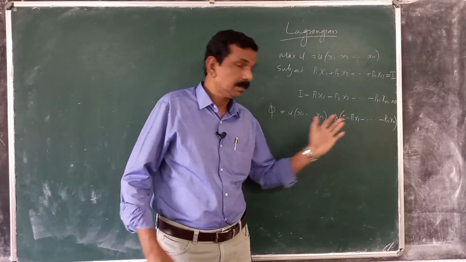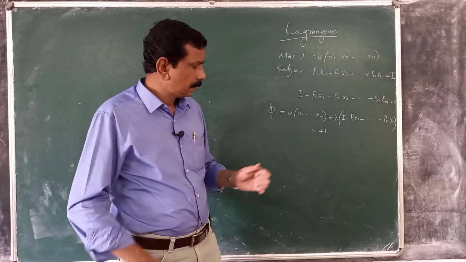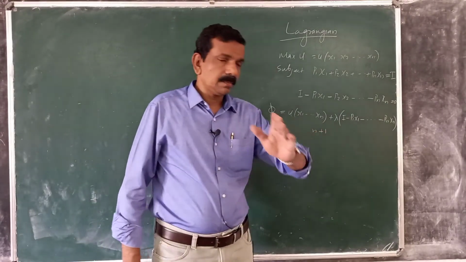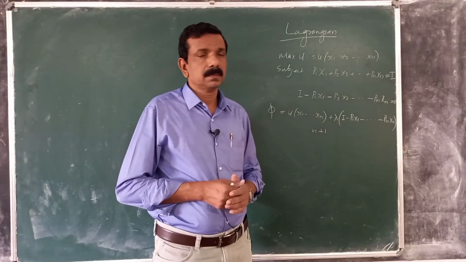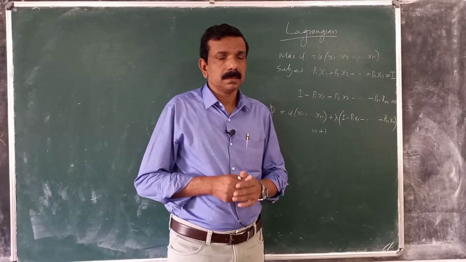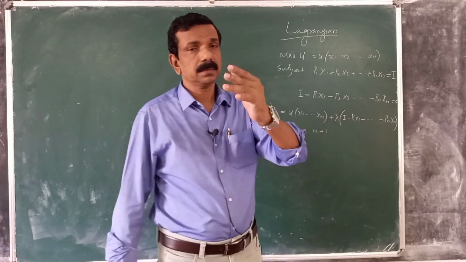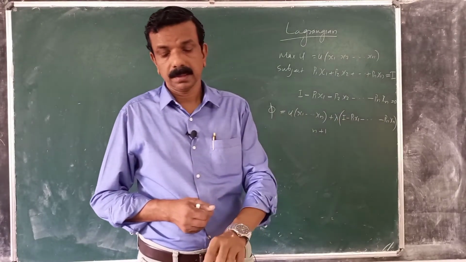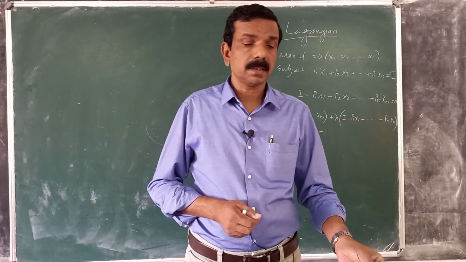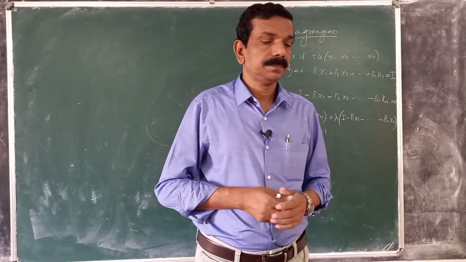Solving these n plus 1 equations for n plus 1 unknowns, we will obtain the optimal quantities of x1, x2, etc., xn and also the value of lambda, and it will be the first order condition for interior optimum.